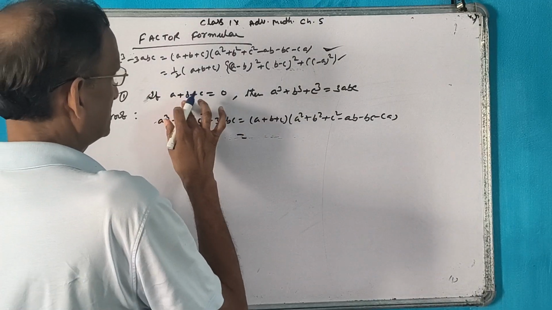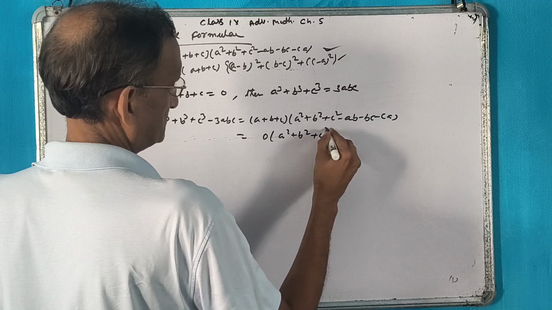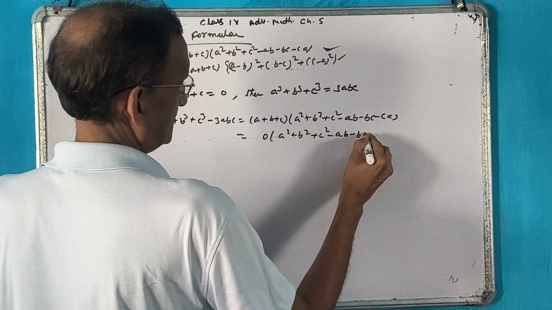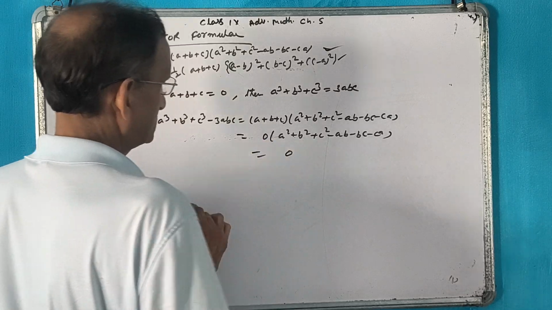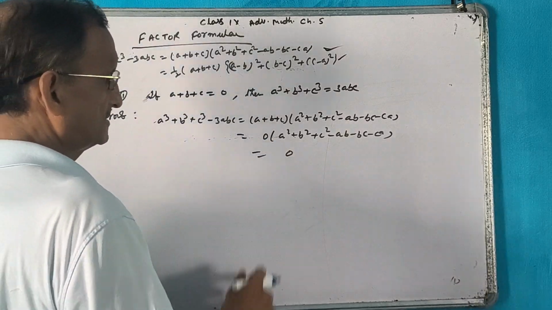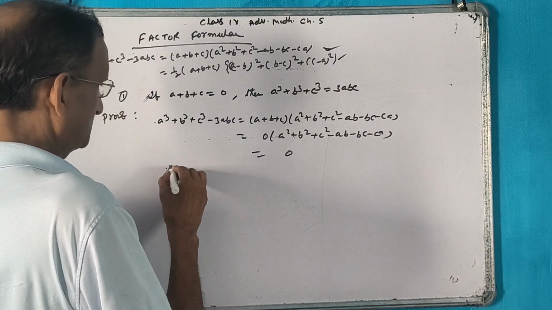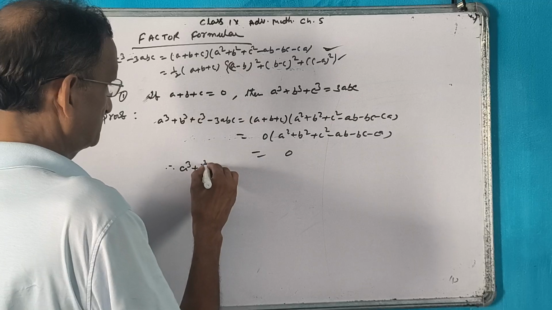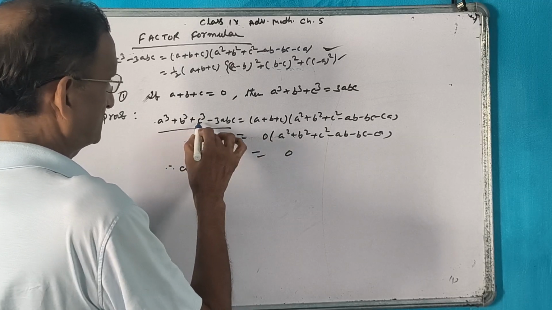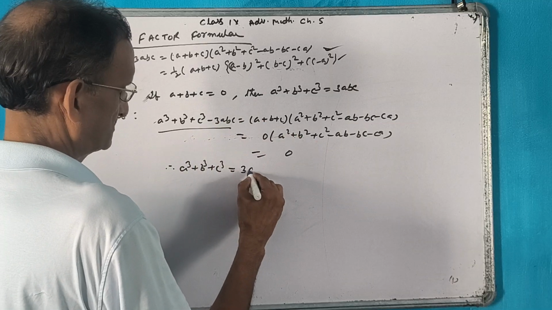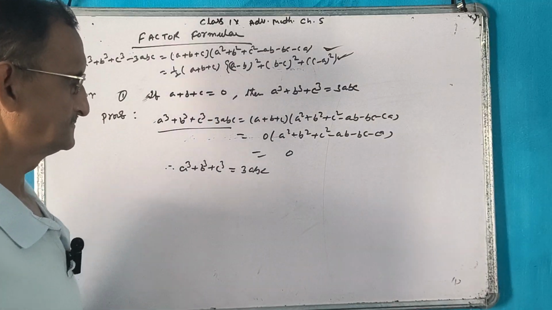It is already given that a plus b plus c equal to 0, so 0 into a square plus b square plus c square minus ab minus bc minus ca will give you 0. 0 into anything is 0. So this equals 0. Therefore a cube plus b cube plus c cube, if this is equal to 0, then transpose this side, so 3abc. You can do it from either formula.